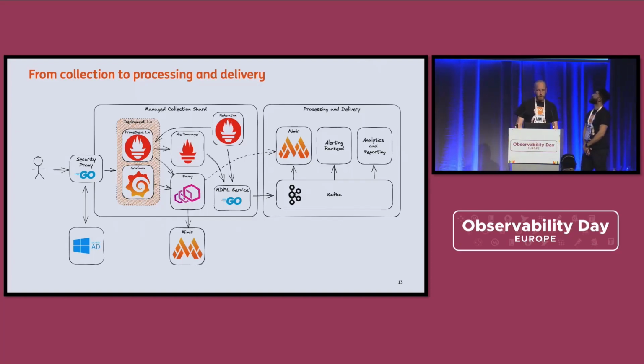So basically what we expect our users to do is that certain metrics that should be kept for a longer retention period should be labeled so that we move that data to a different store where they have a much higher retention. Then we have a custom alerting backend and of course our analytics and reporting capabilities.